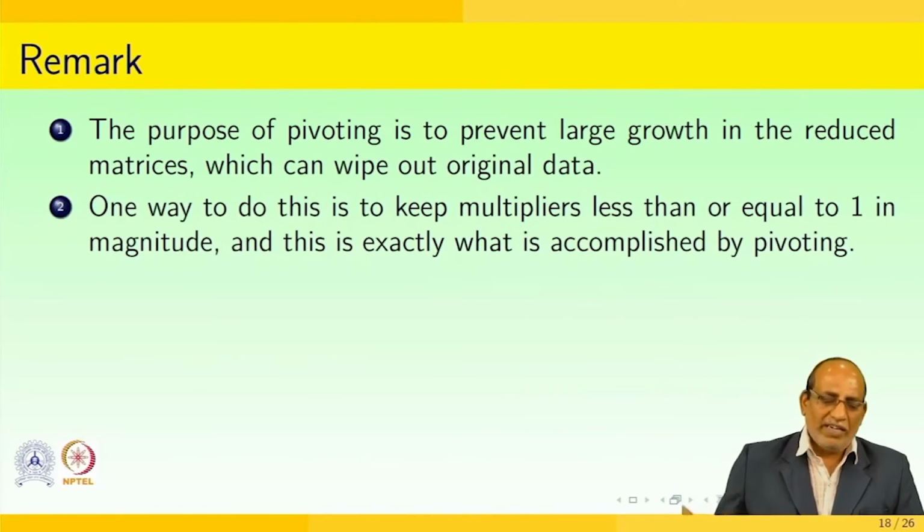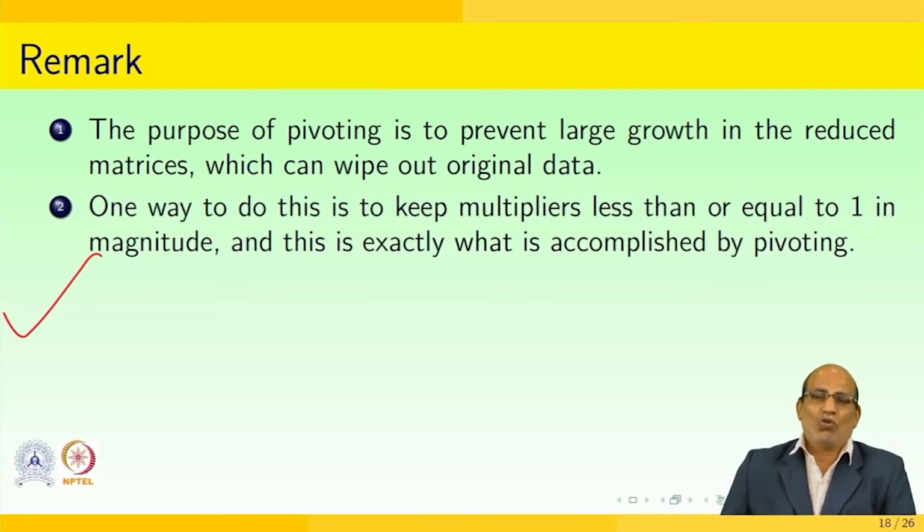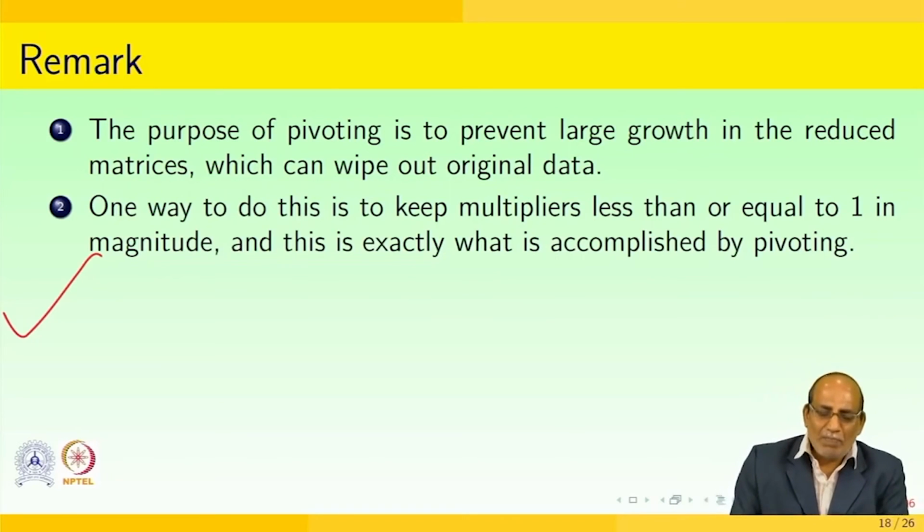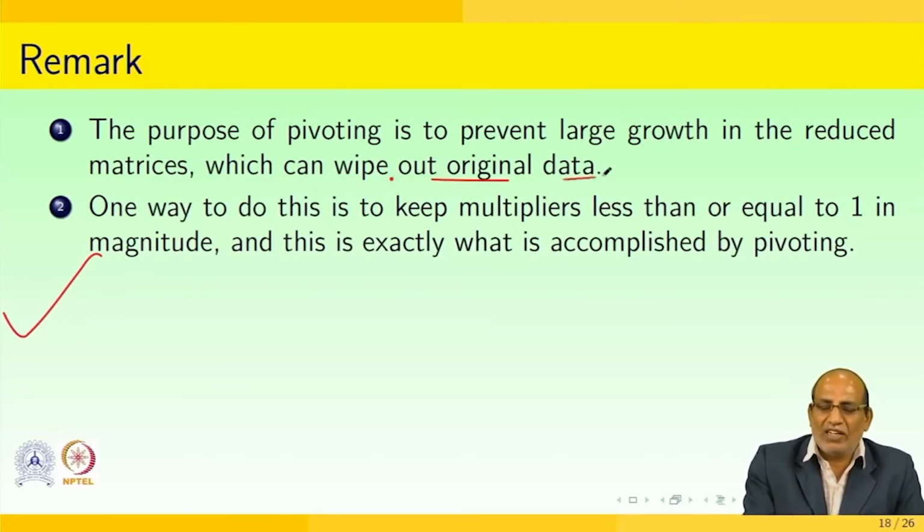Well, let us make one remark over here. The purpose of pivoting is to prevent large growth in the reduced matrices. A very common question which comes to our mind is, why do you want to do pivoting? The purpose of pivoting is to prevent large growth in the reduced matrices, which can wipe out the original data.